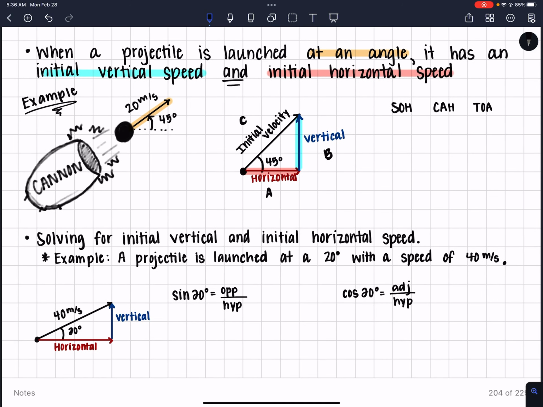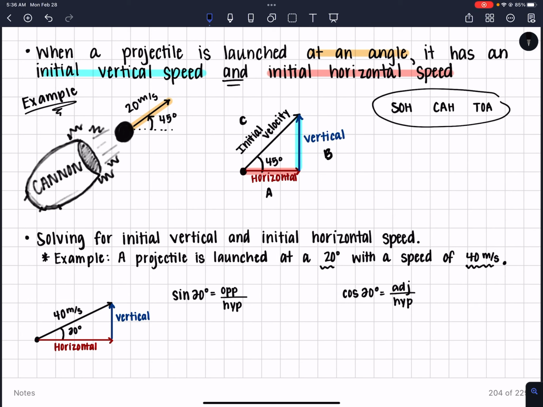So let's talk about how we would go about solving for horizontal and vertical sides. We're actually going to use our SOHCAHTOA skills in order to do this. For example, let's say a projectile is launched at a 20-degree angle with a speed of 40 meters per second.